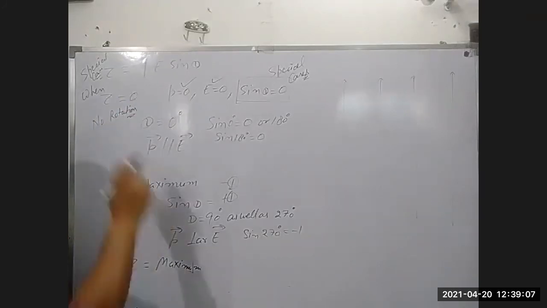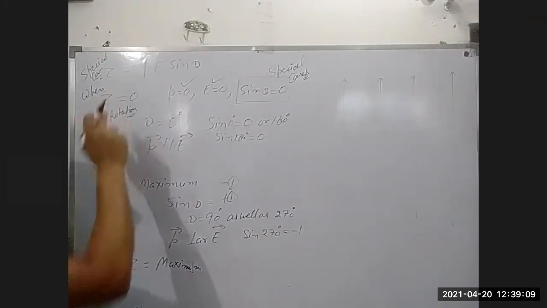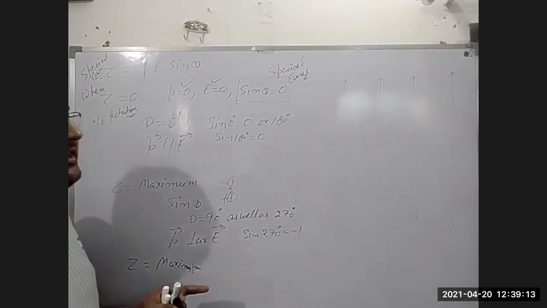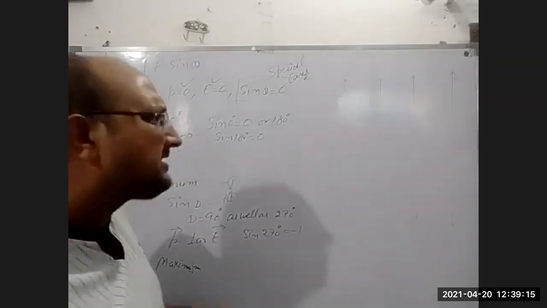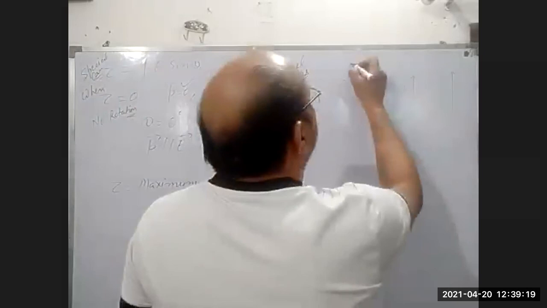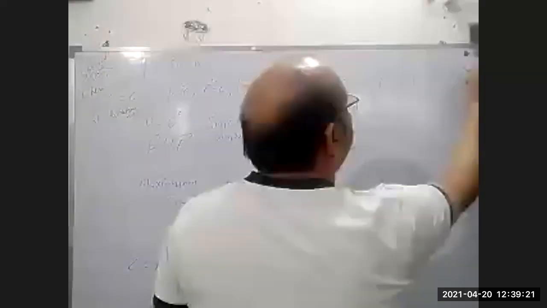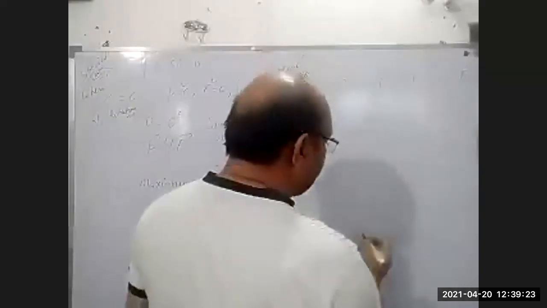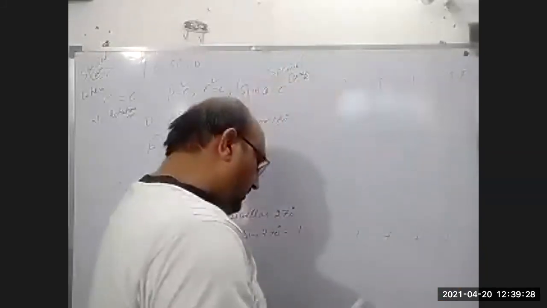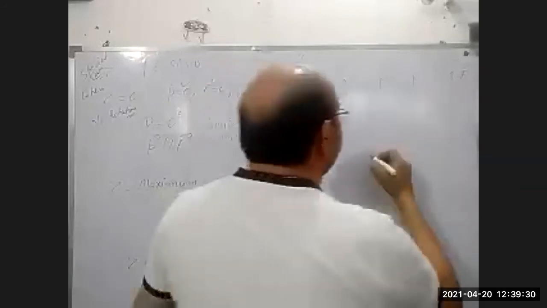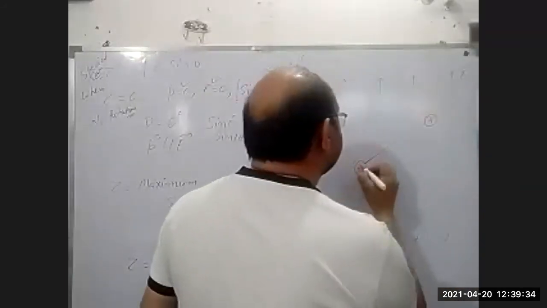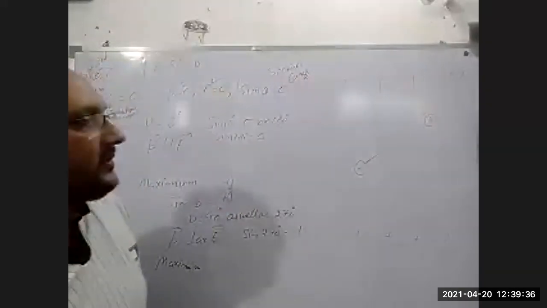The meaning of torque being 0 is no rotation by the dipole. Let us feel this. The electric field direction is positive, and this is your dipole. This is the positive side, this is the negative side.